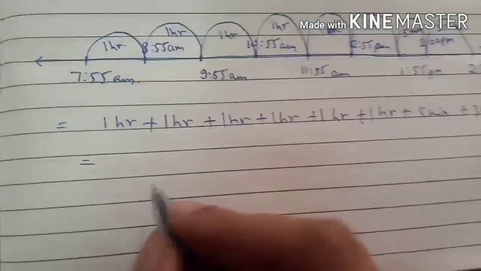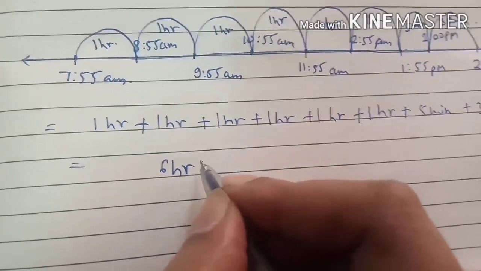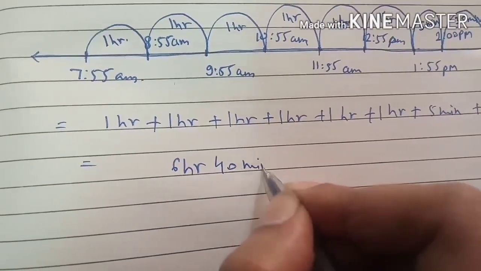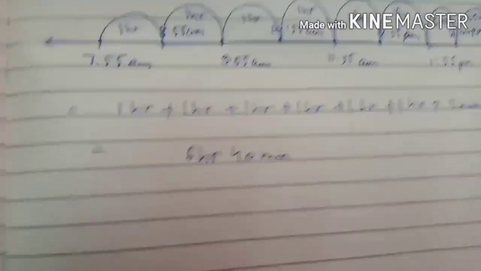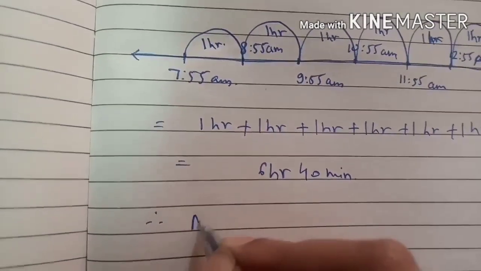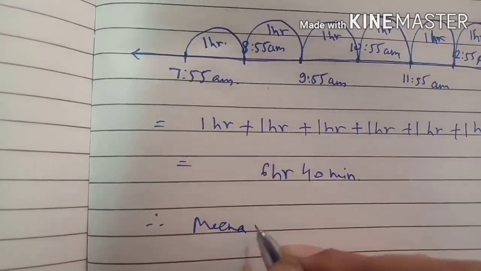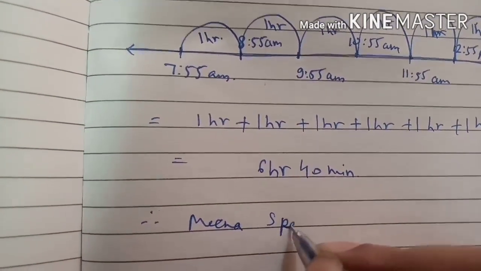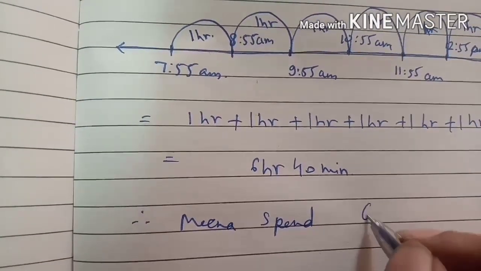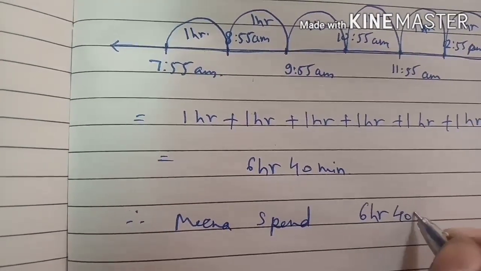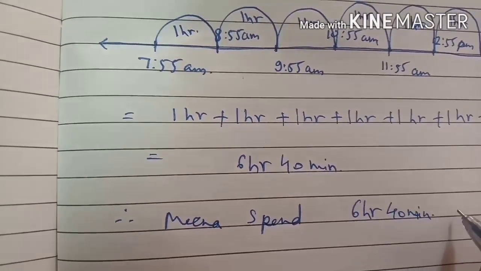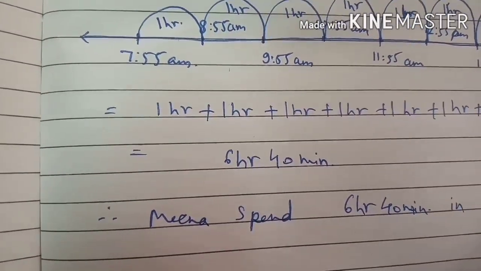When you add all the times, you get 6 hours 40 minutes. Therefore Mina spent 6 hours 40 minutes in school.